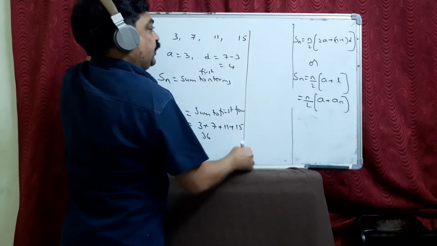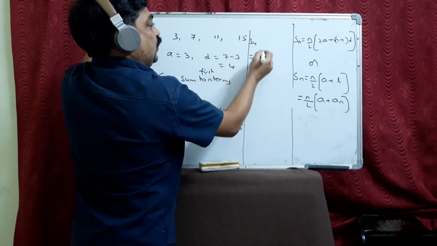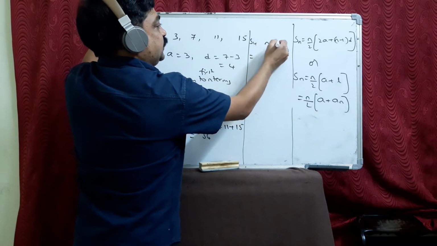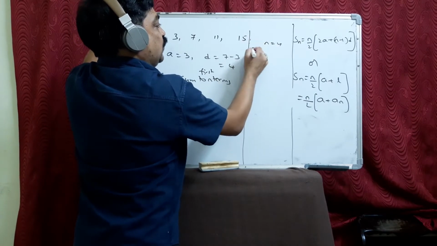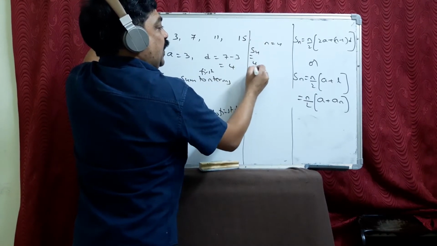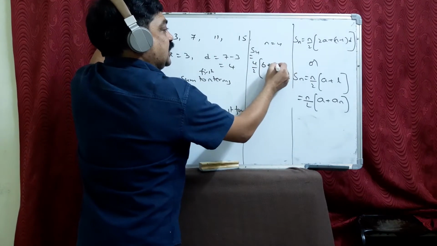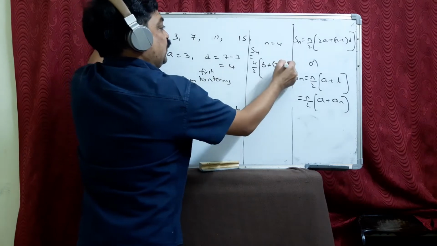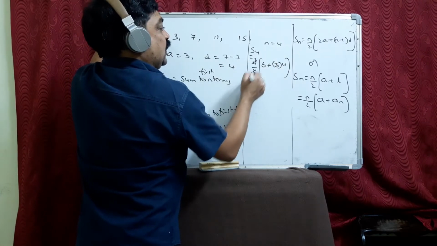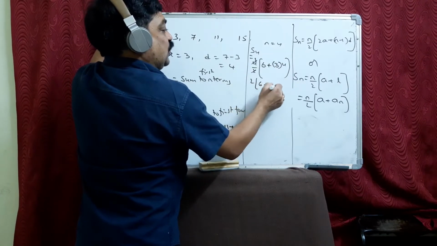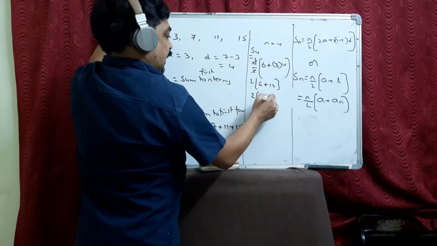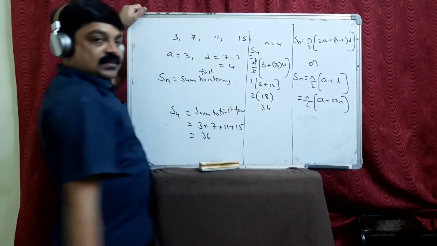Here S4, n by 2, n is 4. To find S4, n is equal to 4. 4 by 2 of 2a, 2 into 3, 6, plus 4 minus 1, 3, difference is 4. So it becomes 2 of 6 plus 12, 2 of 18, 36.